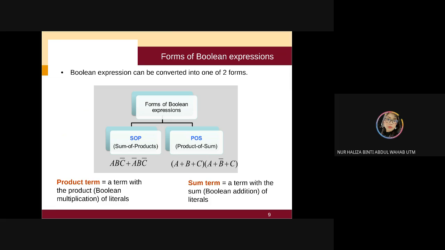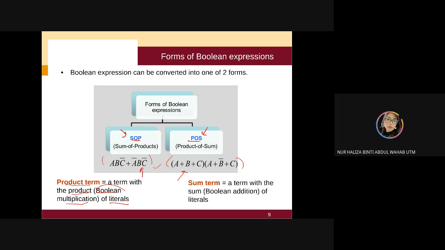But it's okay. You can see now you have SOP and POS. Is it okay for SOP and POS without more explaining? If you just look at the overview and expression, I think you can easily understand how to differentiate between SOP and POS. So, in terms of product term, a term with a product, Boolean multiplication of literals.